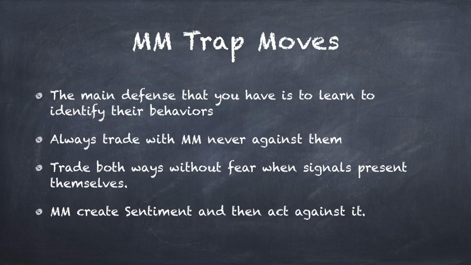So they'll say 70% of traders, let's say on EUR/USD, are going long and 30% are going short. What does that tell you? They have traders trapped going long. Market makers are going short. So understand that market makers create the sentiment and act against it. All right?